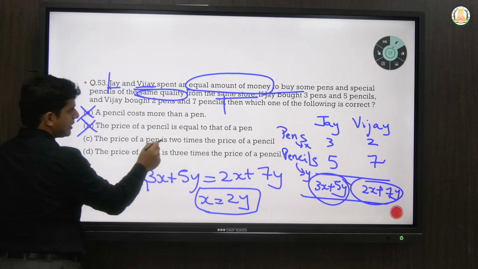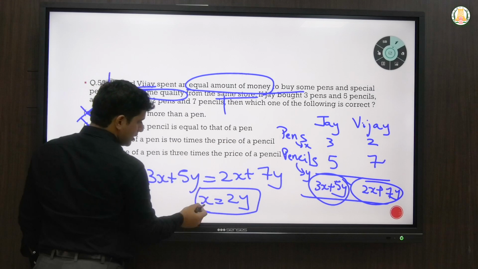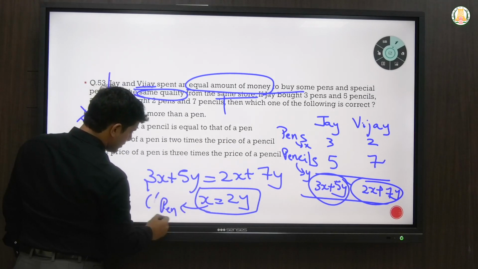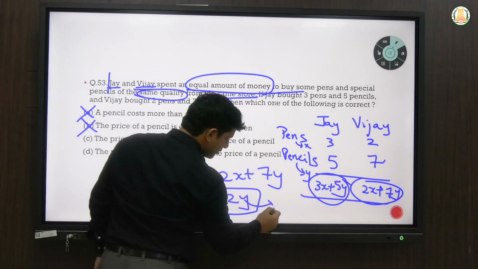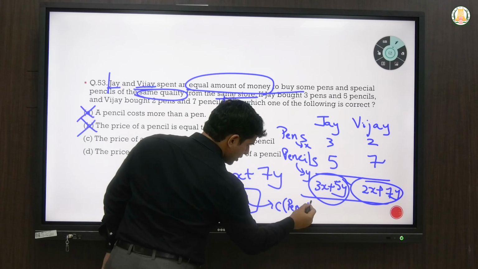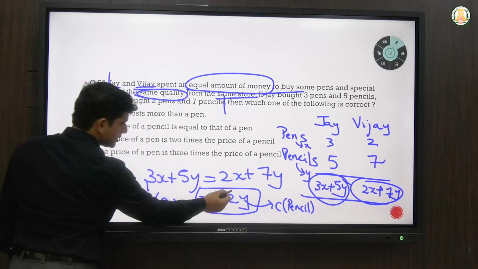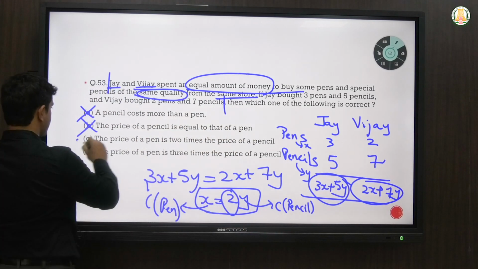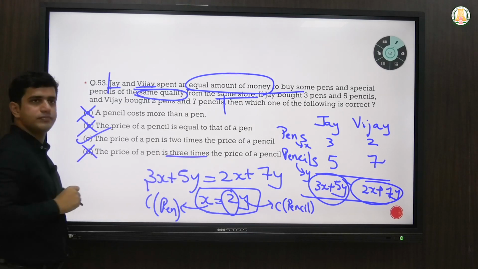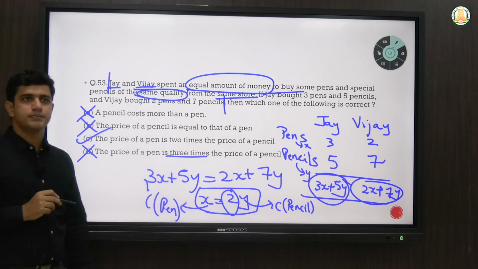The price of a pen is 2 times the price of the pencil. Yeah, this is the price of the pen and this is the price of the pencil. So what we have found is 2 times. Obviously, this is the factor here. So this is correct. The price of the pen is 3 times, this is wrong. So it is 2 times.